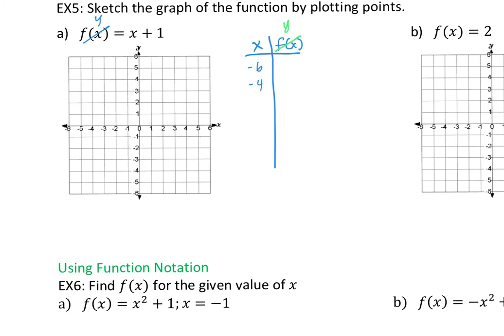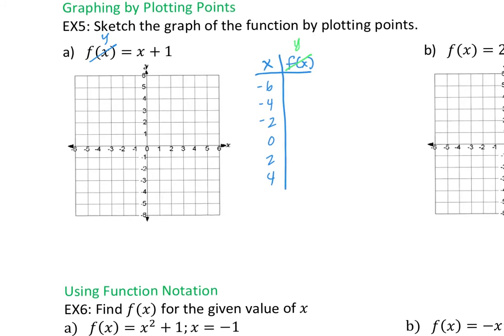Maybe I'll just do evens for now, see what happens. 0, 2, 4. That's a lot of ordered pairs. So if I put in -6 for x into my function, and then go back to this equation, -6 plus 1 is -5. So my y value is going to be -5. And I have my first ordered pair, -6, -5.